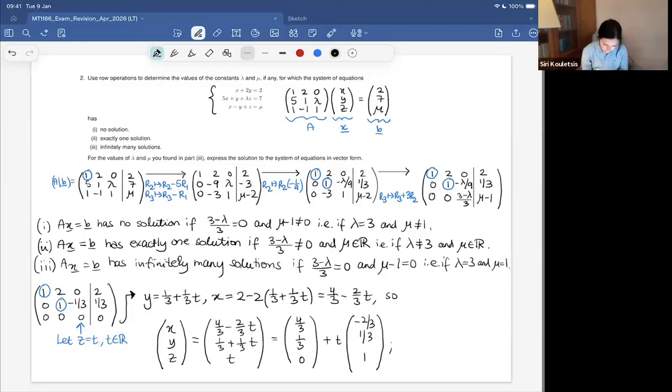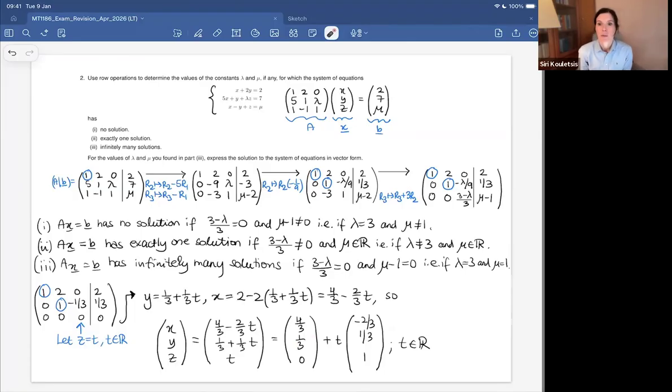And t is some real number. So what this actually is, is a line in R3 where the line doesn't go through the origin, and this point here is where you go from the origin to the line, and with multiples of this so-called direction vector, you move along the line.